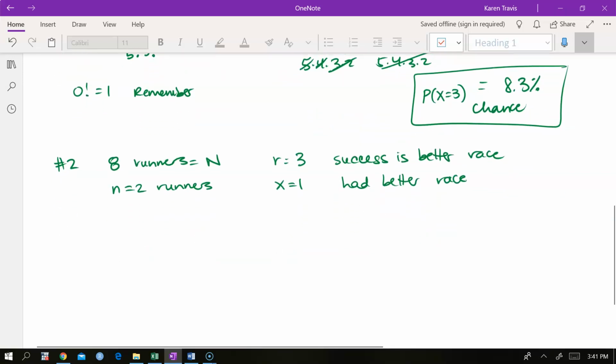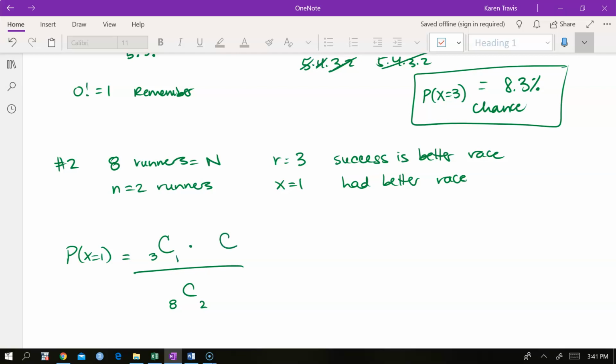So doing the same set of 2 combinations on the top, but the bottom is a total of 8 options and we choose 2. The top has a combination of 3 successes and we pick 1, multiplied by a combination of 8 minus 3, or 5 failures, and since we're only choosing 2 runners, we get 1 of those.